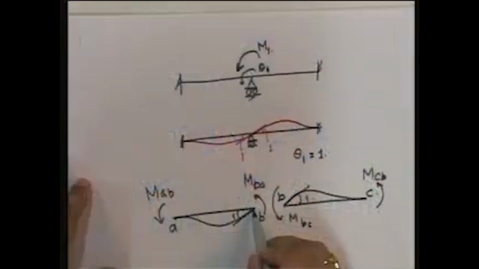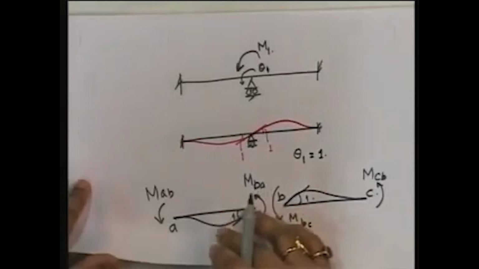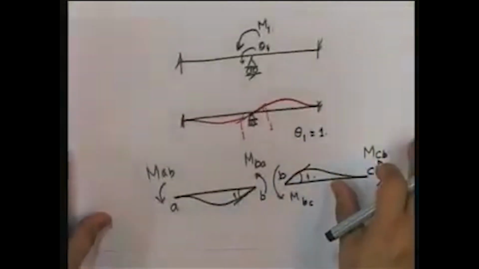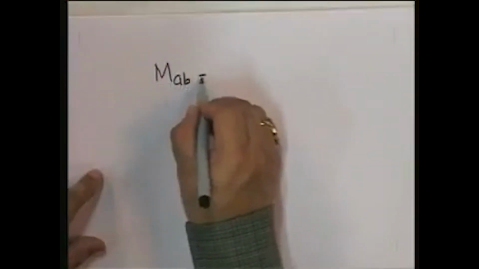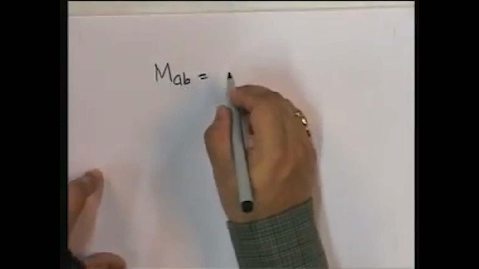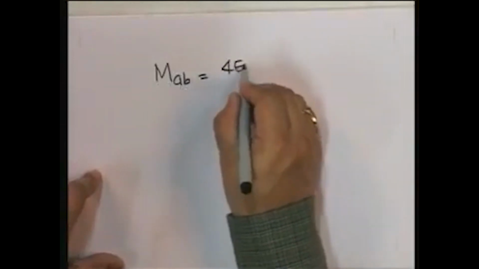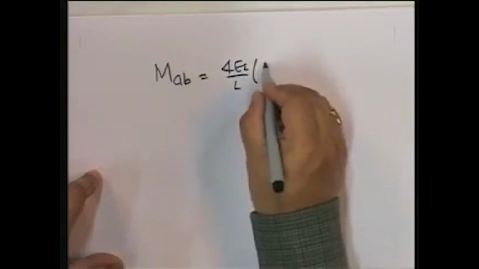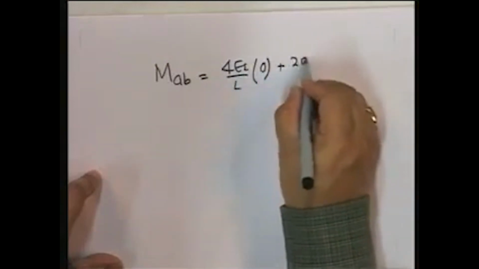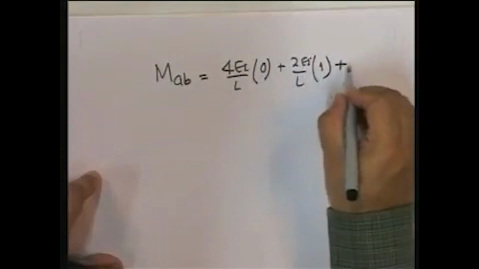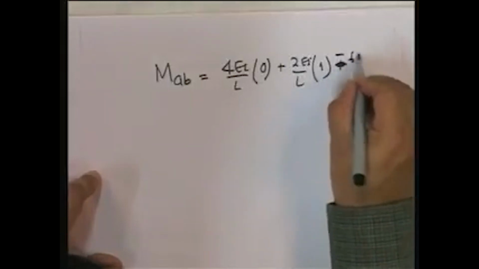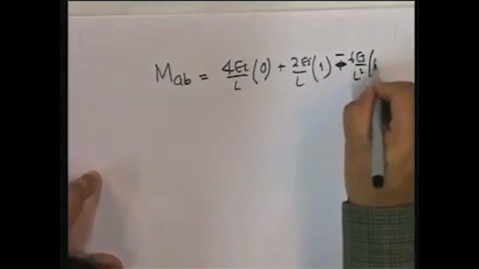Well, since theta AB is equal to 0, theta BA is equal to 1, and delta BA is equal to 0, I just need to plug that into the slope deflection equations, and my MAB turns out to be equal to 4 EI upon L theta AB, which is 0, plus 2 EI upon L theta BA, which is 1, minus 6 EI upon L squared into 0.